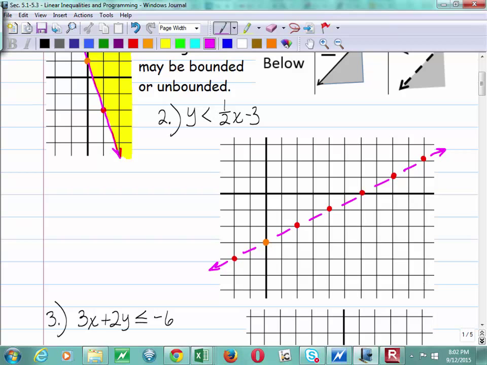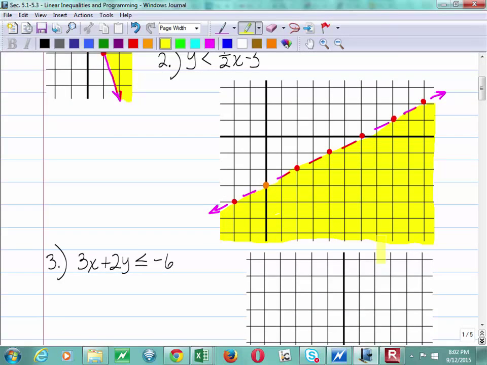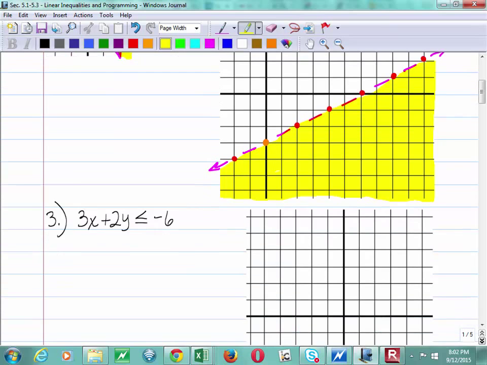And it's less than, so I'm going to shade below the line, underneath the stairs, or however you want to think about it. Again, that's an unbounded solution area.